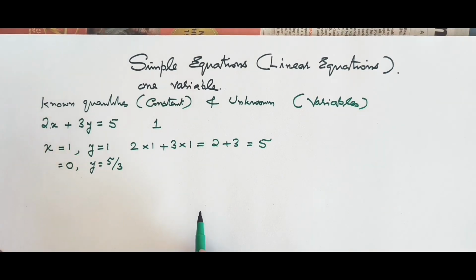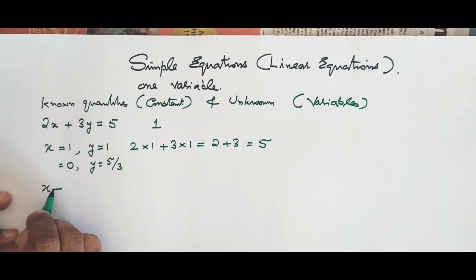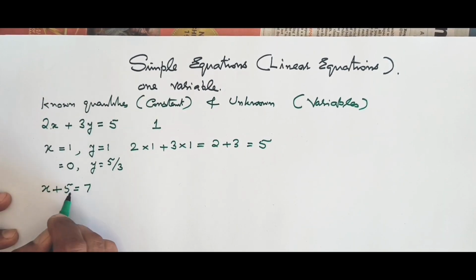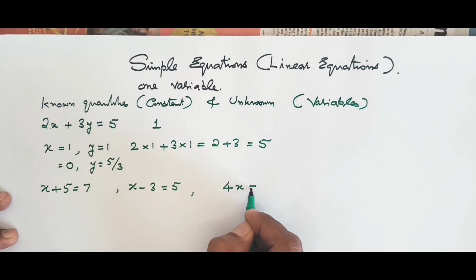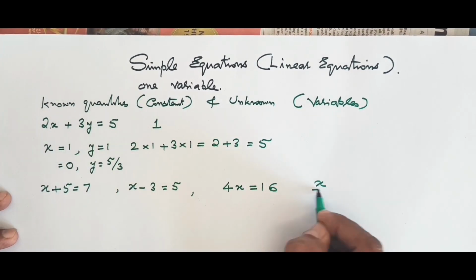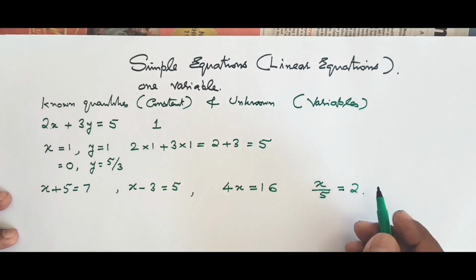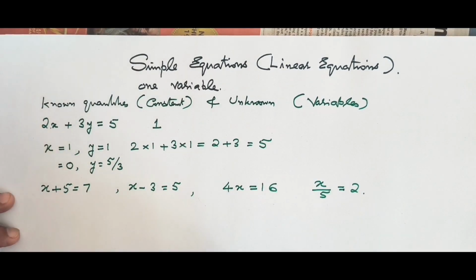To discuss that concept, let me begin with a few simple equations like x plus 5 equals 7. Second equation, x minus 3 equals 5. 4x equal to 16. x divided by 5 equals 2. These are four simple equations.